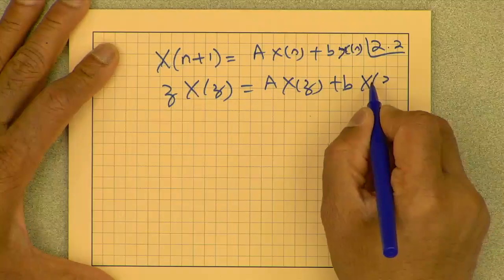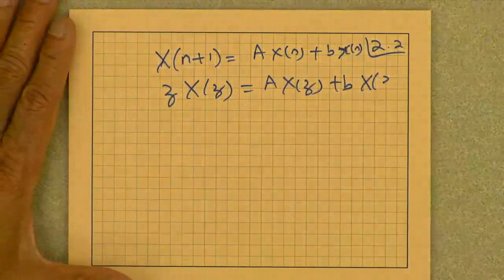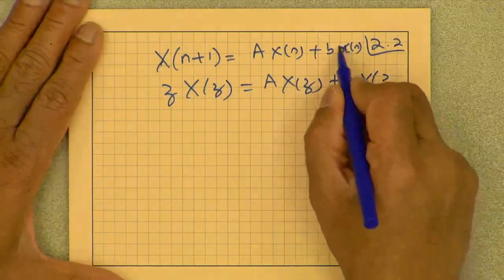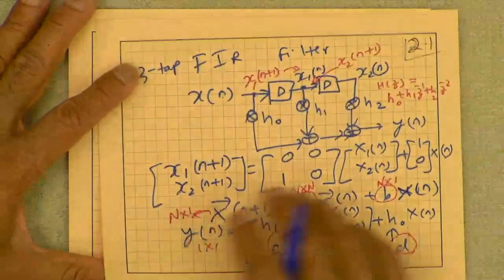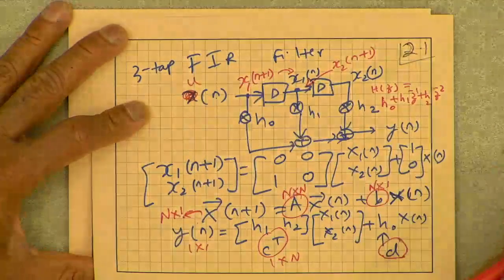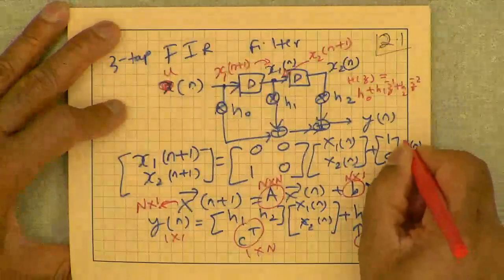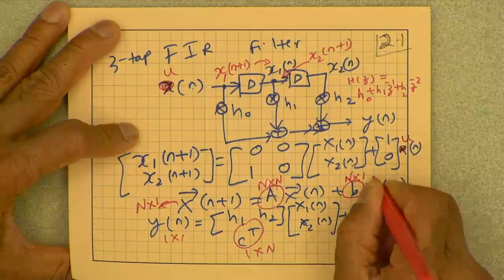Let's see here. Now I can see that let's put back this as u, input u. If I take this input as u, not to be confused with the states, this is input u.